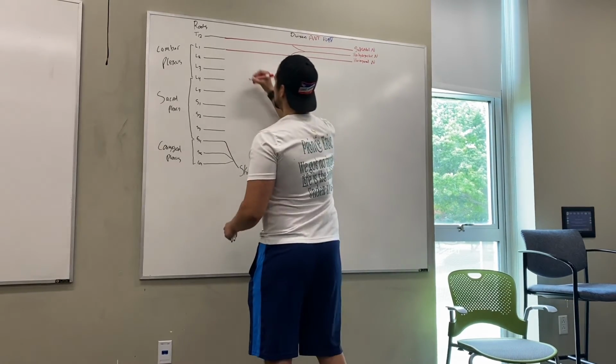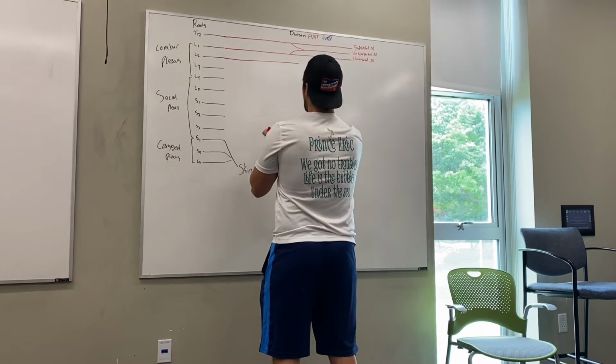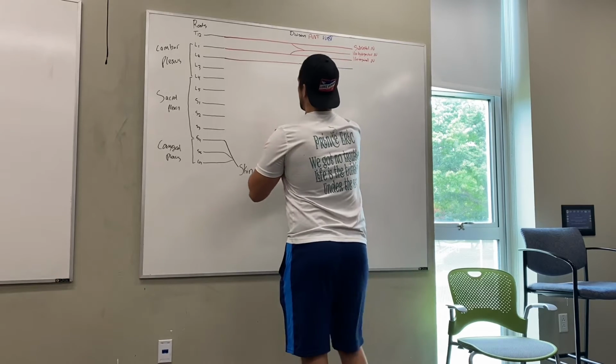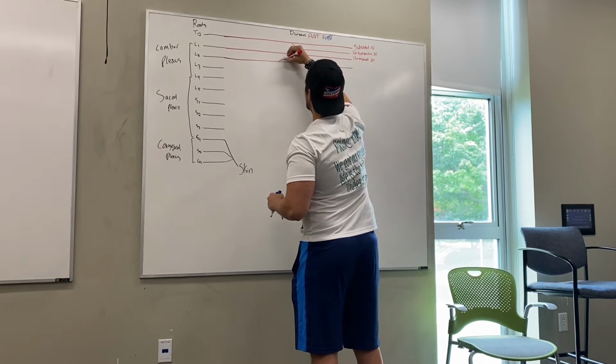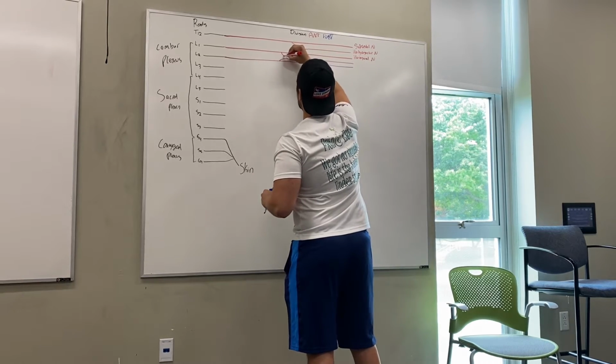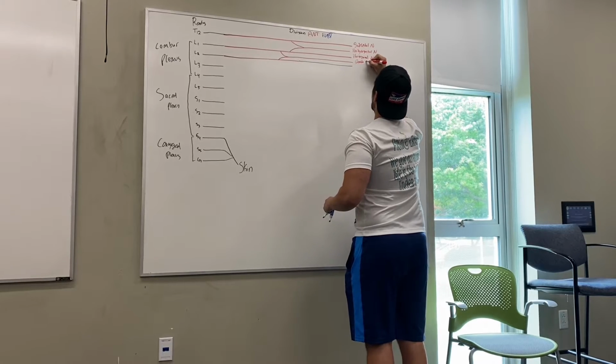L2 is weird because half of it is anterior, half of it is posterior. But on the anterior portion, we have a branch from L2 that merges also with L1. That is our genitofemoral nerve.